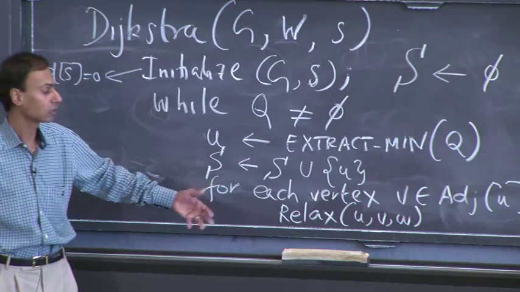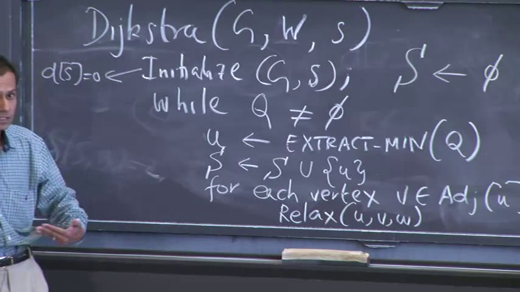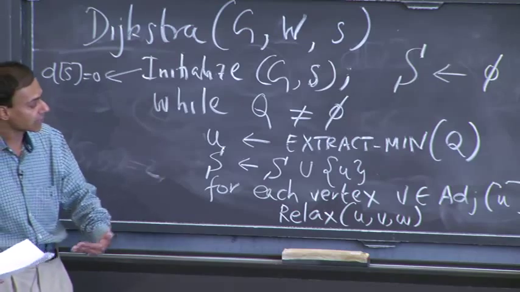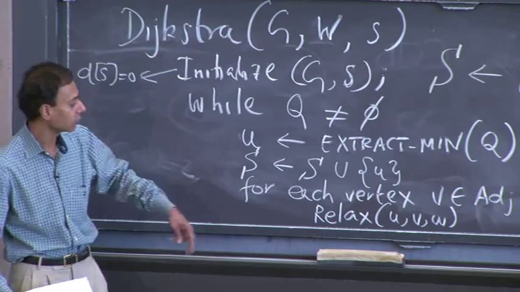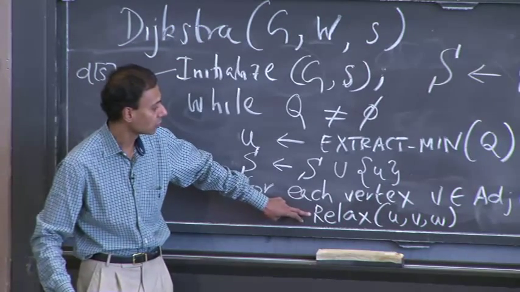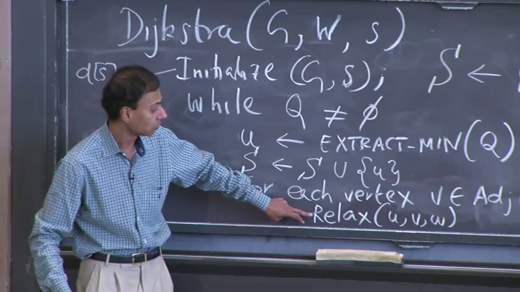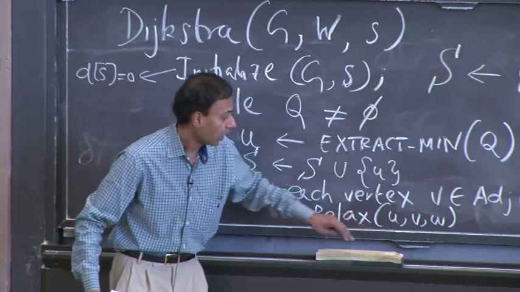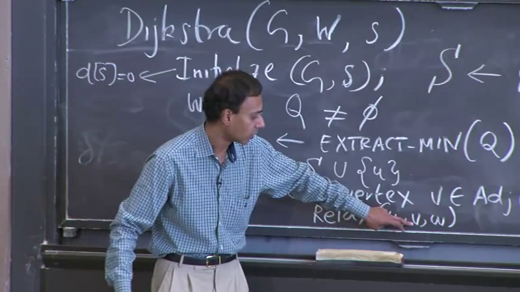I know the shortest path to this particular vertex, and I need to now process it in the sense that I have to relax the edges that are coming out of this vertex and update the priority values, because relax is going to change the d values, as we know, corresponding to the vertex v. It might change the value. It might not, but there's a possibility that it would.